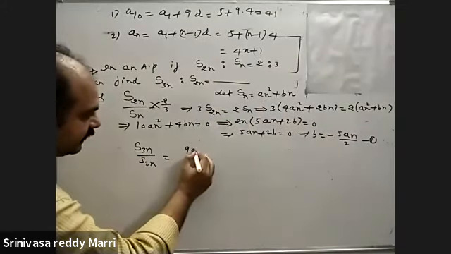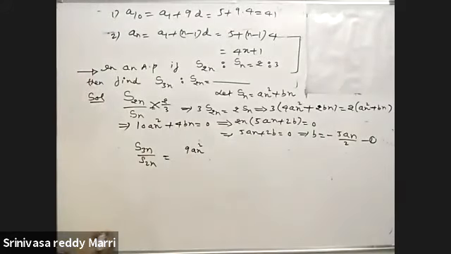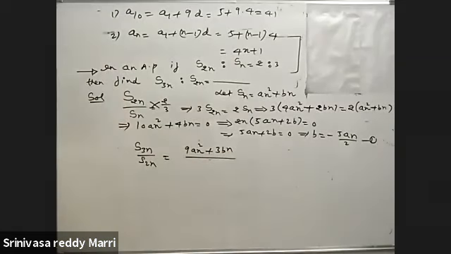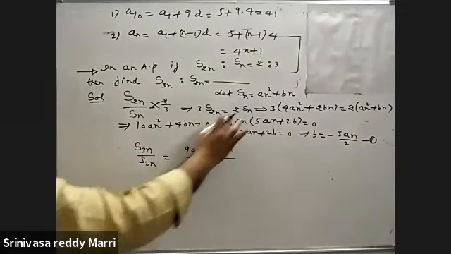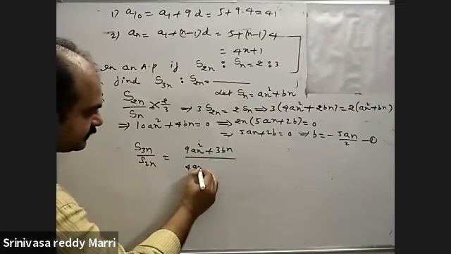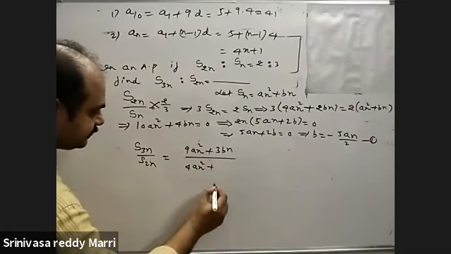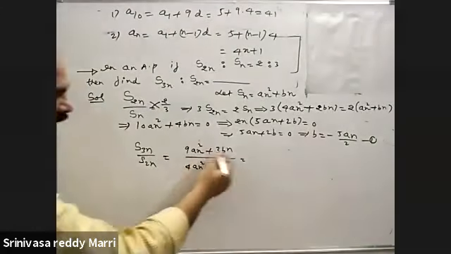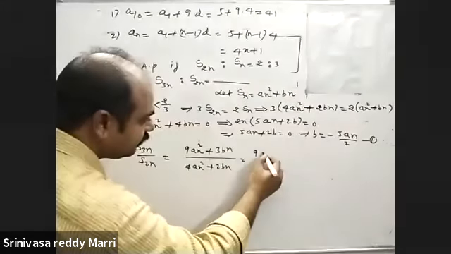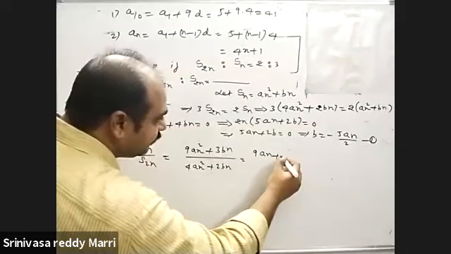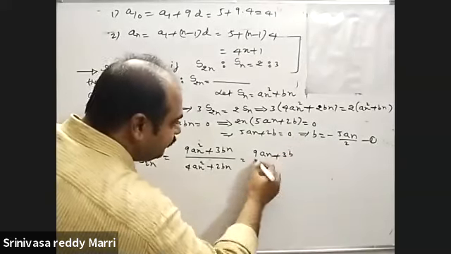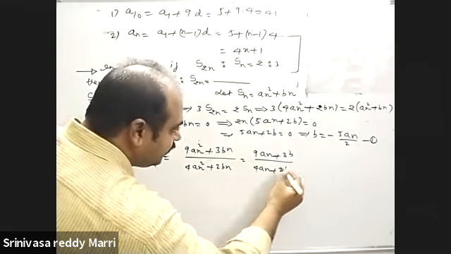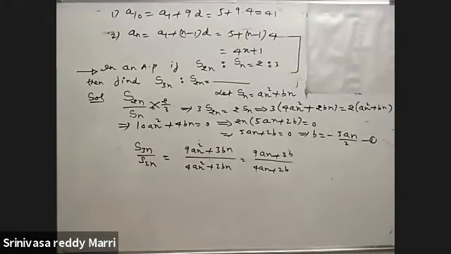That means 9an square plus 3bn, divided by S2n, which is 4an square plus 2bn. Now I am striking off one n. So 9an plus 3b divided by 4an plus 2b.